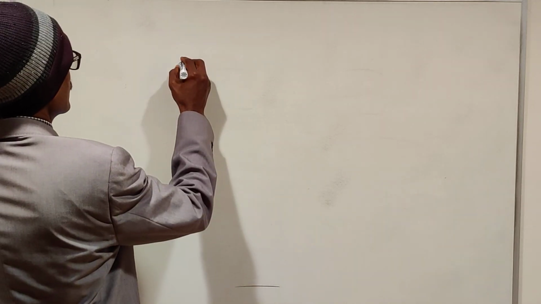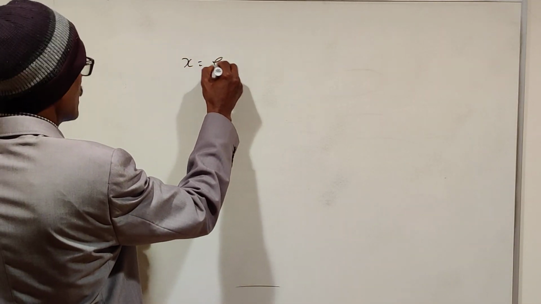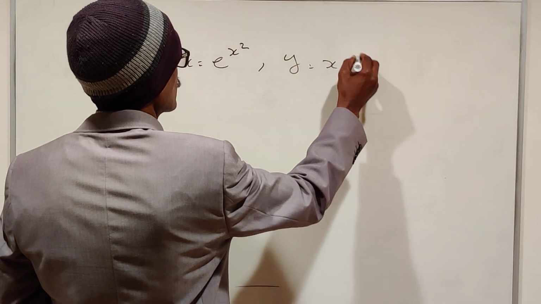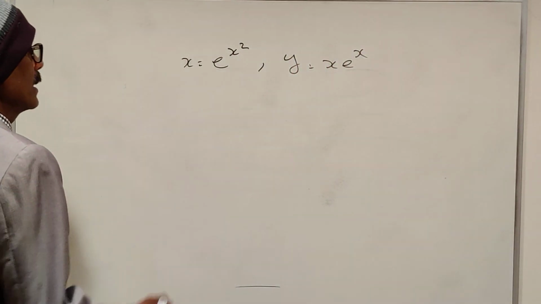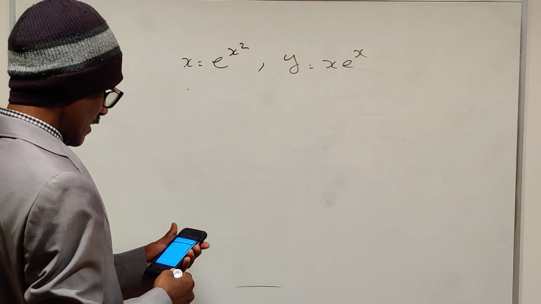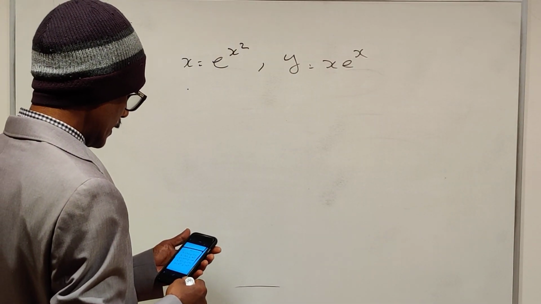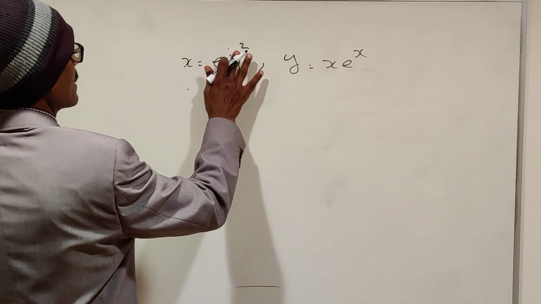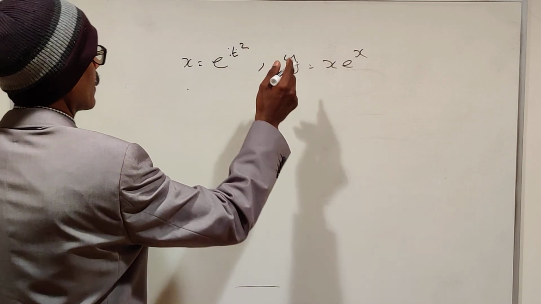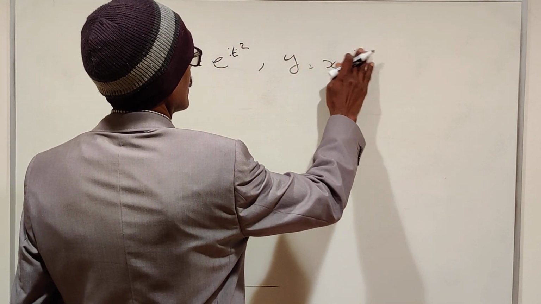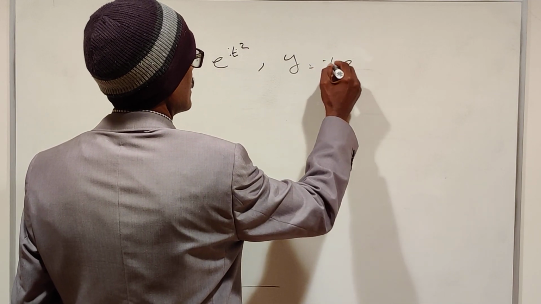x is equal to e raised to t square, y is equal to t e raised to t.